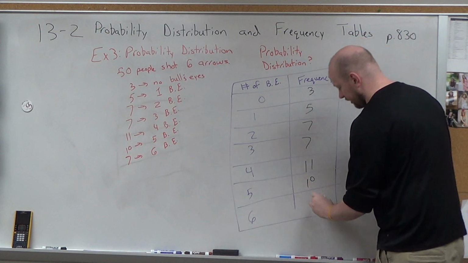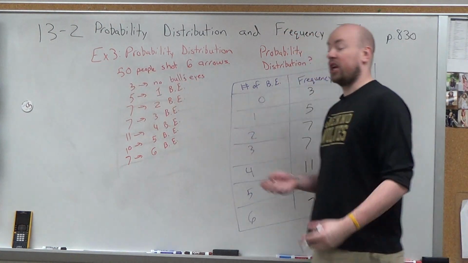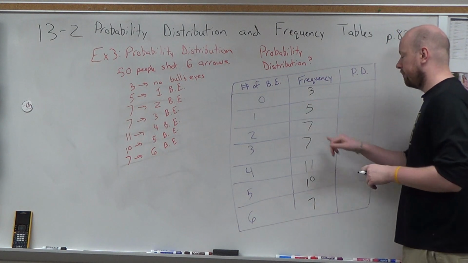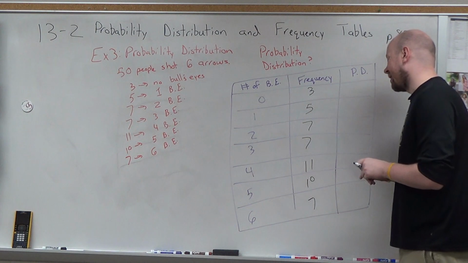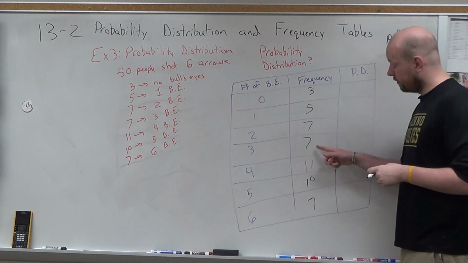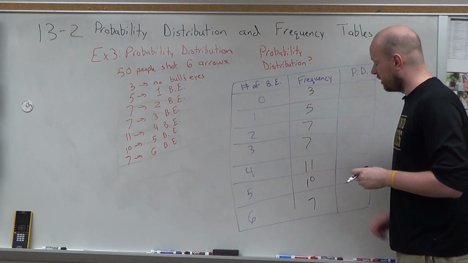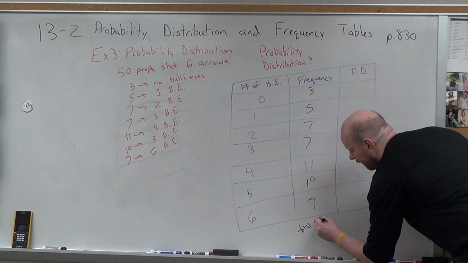And then 6 was 7. And as we said earlier, 50 people shot, so you should have a total of 50, so let's double check that. 3 plus 5 is 8, plus 7 would be 15, plus 7 would be 22, plus 11 would be 33, plus 10 would be 43, plus 7 would be 50. So again, total of 50.